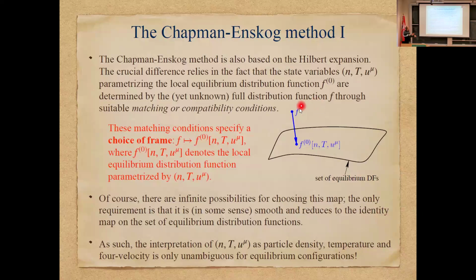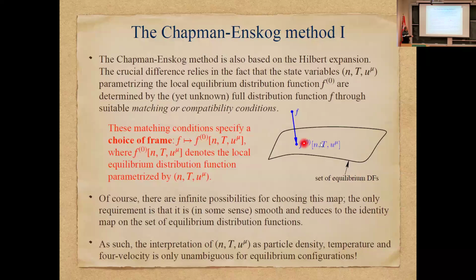The only restriction is that this should be in some sense smooth and reduce to the identity if you already have an equilibrium distribution function. The different ways of doing this projection, in the jargon of relativistic fluid dynamics, is known as a choice of frame.